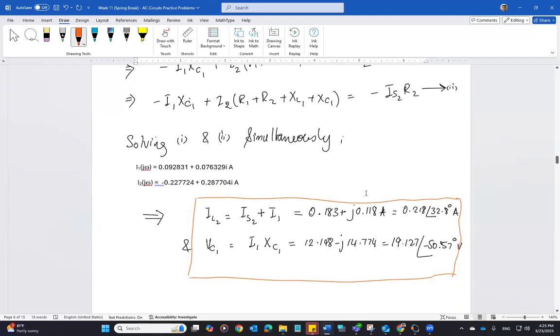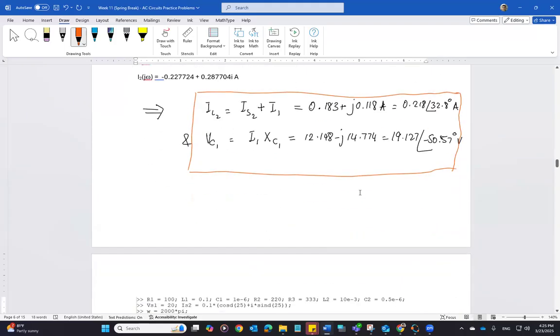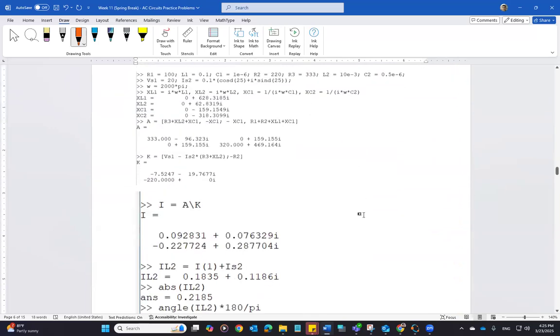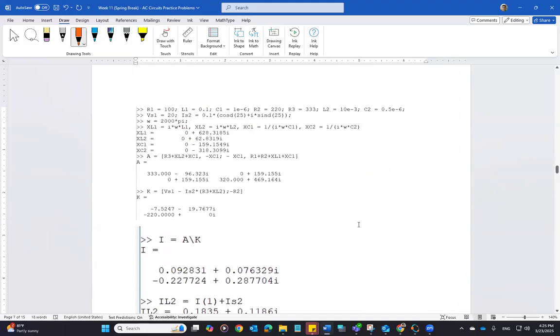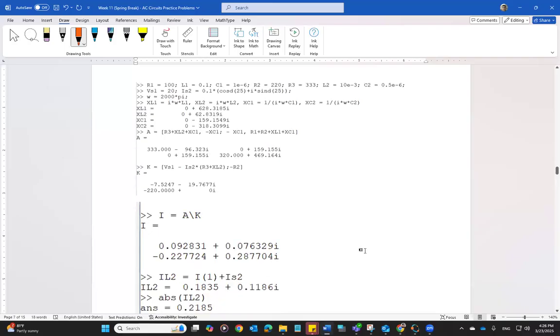So that's not an issue. But the important thing is that you set up the correct equation. So we have done KVL and mesh analysis here. I think it's going to be really good for your practice to do KCL and nodal analysis and then see if you get the same result as we are doing in this problem.